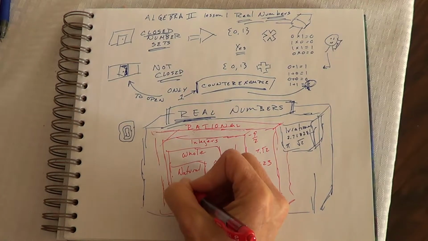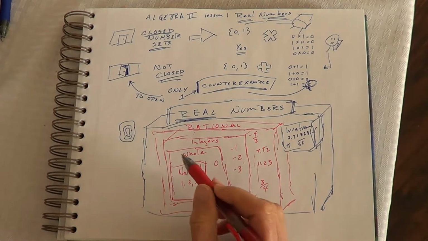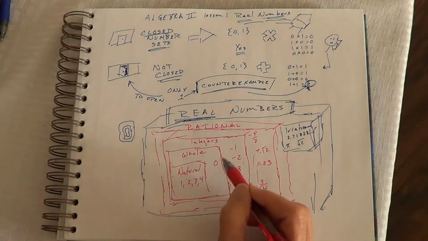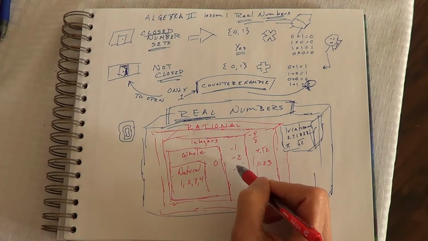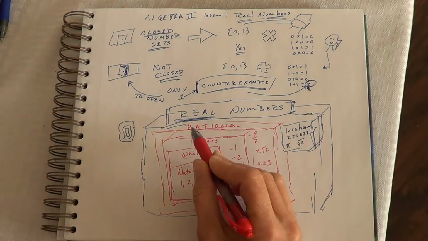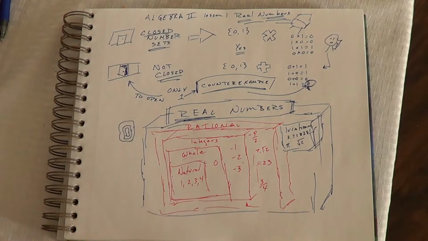They're the ones that you learned as a baby: 1, 2, 3, 4. So whole numbers has 0 as well as 1, 2, 3, 4. Integers has 0, 1, 2, 3, 4, and -1, -2, -3, -4. And then building out, rational numbers have all of these as well as these.